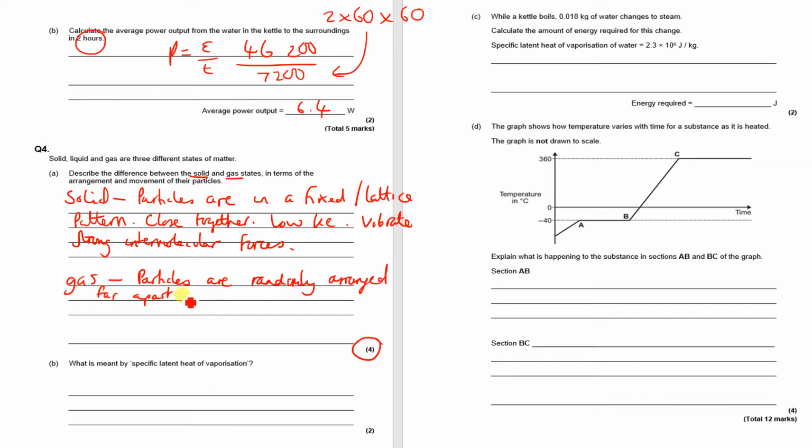So we're looking at what we've written already and we're doing the opposite. They have high kinetic energy. Do they vibrate? No, because they're free to move. And do they have strong forces? No, they have very weak or no intermolecular forces.